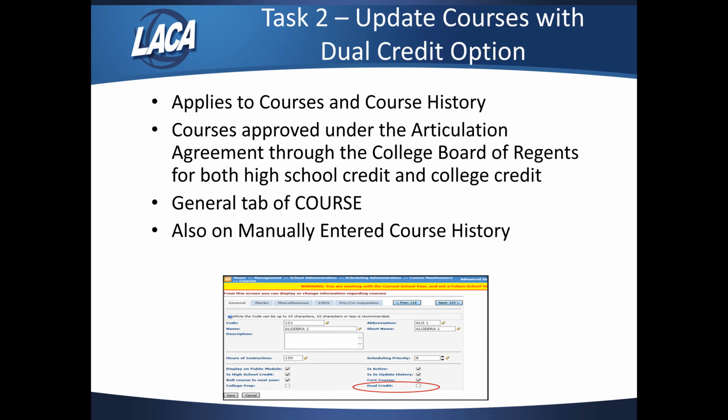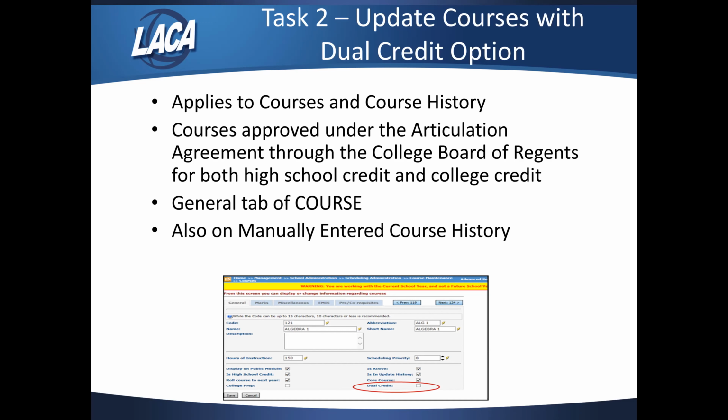If you do something in 2021, that doesn't affect 21-22. So if you go into 2021 and make changes to the core subject area for credit, then you need to go up to 21-22 and make the changes up there if those changes need to be made in the 21-22 year.